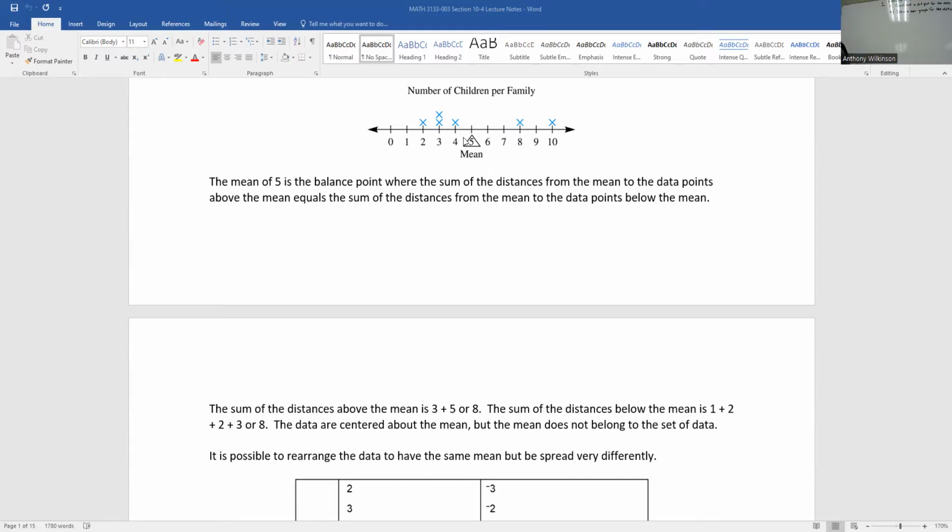So if we add 1 plus 2, and then plus 2 plus 3, you'll get 8. The reason for that is that 3 is the number that's used twice. So the data are centered about the mean, but the mean does not belong to the data set. If you look at that dot plot, you're going to see that 5 is not one of those data values here.